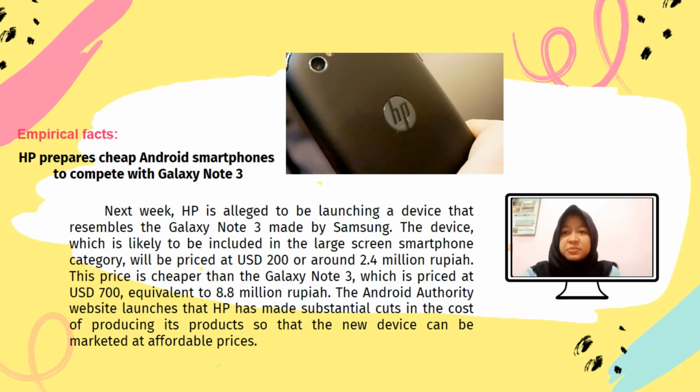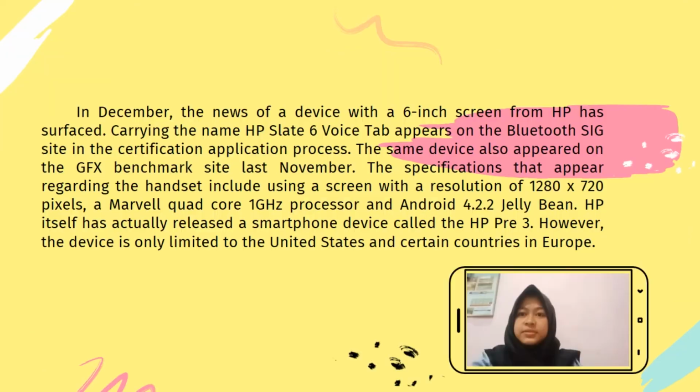This price is cheaper than the Galaxy Note 3, which is priced at $700, equivalent to 8.8 million rupiah. The Android Authority website reported that HP has made substantial cuts in the cost of producing its product so that the new device can be marketed at an affordable price.